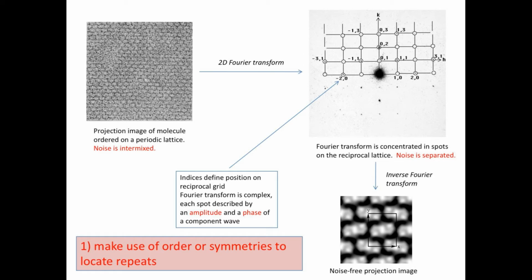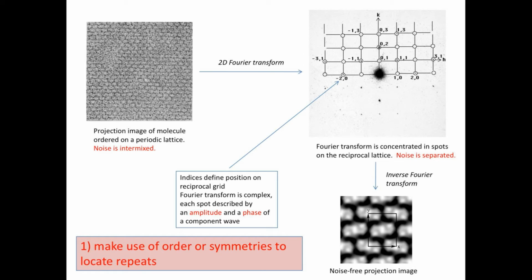And then a recipe for retrieving the periodic structure is by adopting a system of masks around each of these reflections, and then performing a back transformation, inverse transformation, which precludes all noise parts from contributing. And then you can see that we get a beautiful image of the periodically arranged molecules.